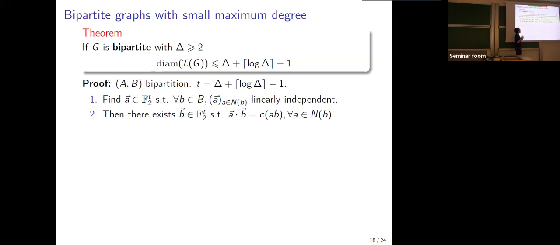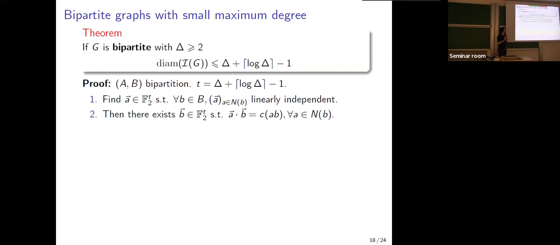So why do we want that? Because now the second step, finding vectors for vertices in B, will be quite simple. If all the neighborhoods give a family of linearly independent vectors, then you just have a system of linear equations to satisfy, and all these equations are linearly independent.